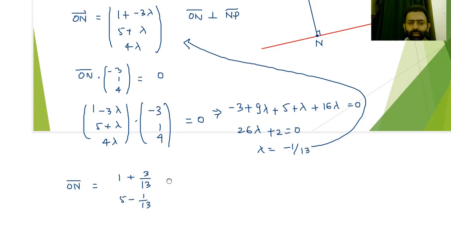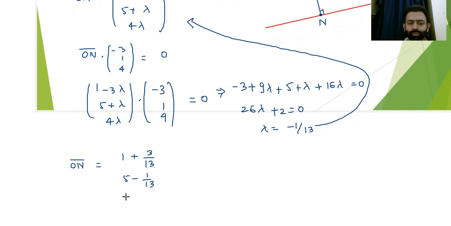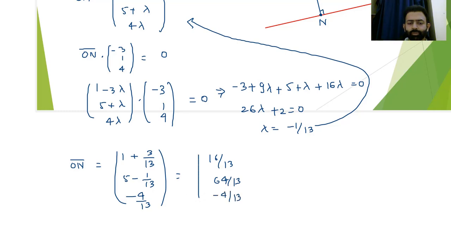And lastly, it is 4 lambda, which means -4 over 13. Simplifying this, I get 16 by 13, this is 64 by 13, and lastly it is -4 by 13. This is your vector ON.